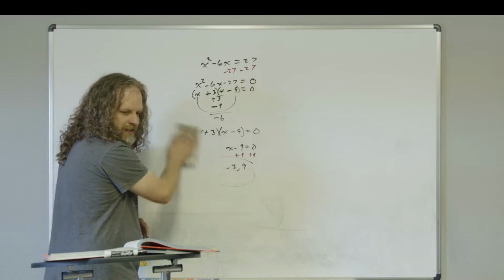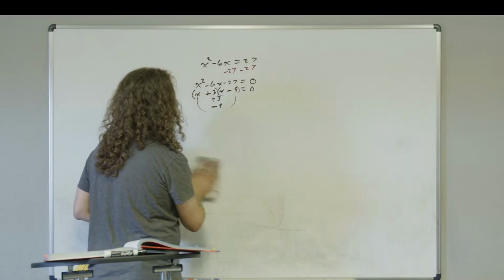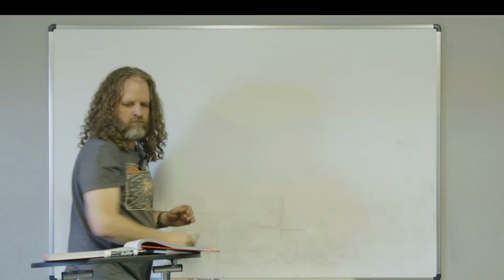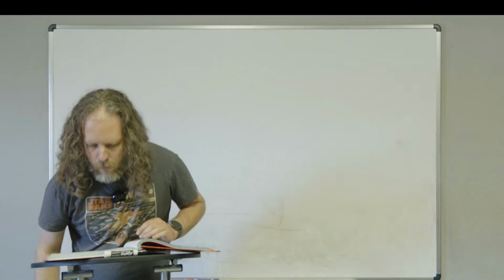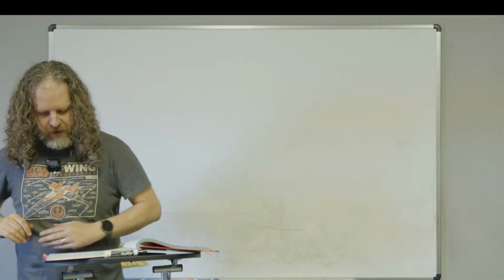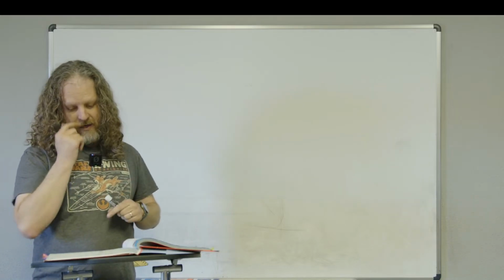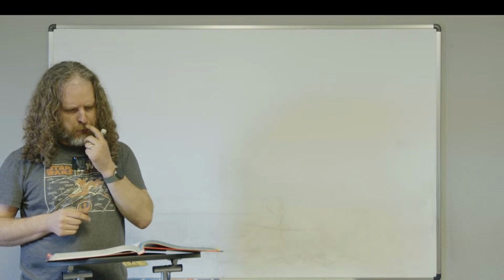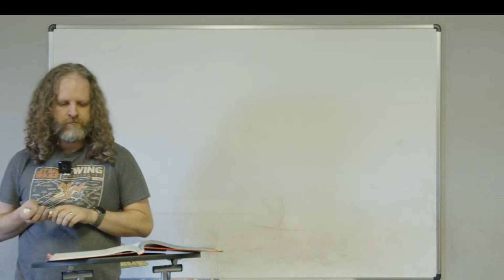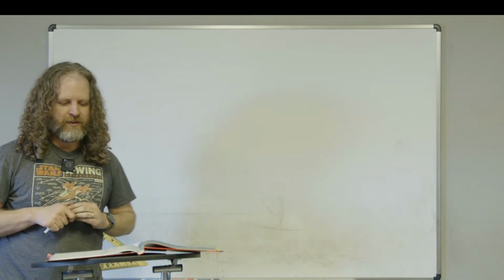Let's do lesson 8-7. We are still factoring trinomials, but this time the a is not equal to 1. So we're going to jump in with some examples.